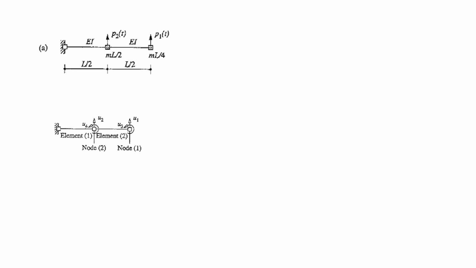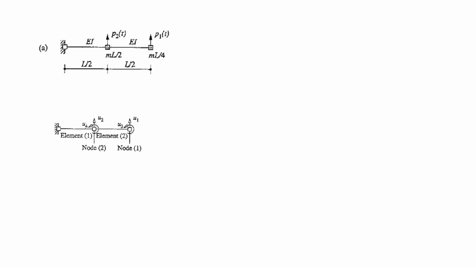Thereby now let us move to solving this question. What we are going to do is that first we will determine the mass matrix. Now what is the mass matrix for this set of equations?